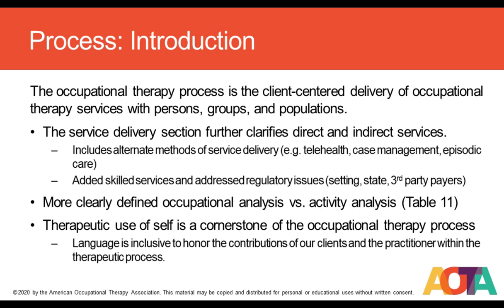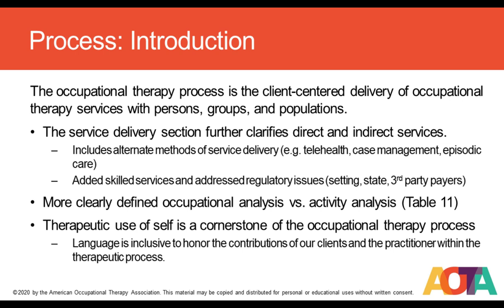One highlighted change from the OTPF 3 to the OTPF 4 is the section on service delivery approaches. This section further clarifies and defines direct services and indirect services. In the definitions of both direct and indirect service delivery, additional language regarding the occupational therapy process with populations has been added.